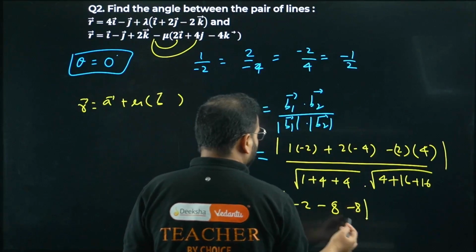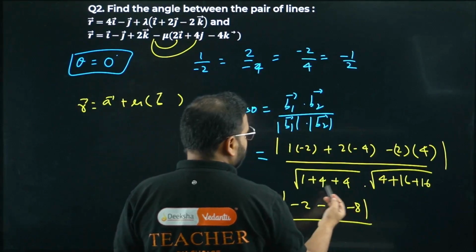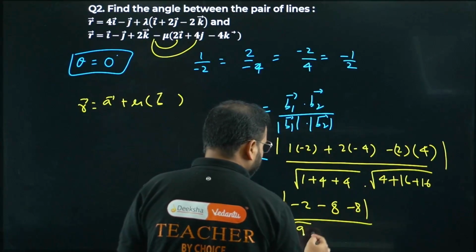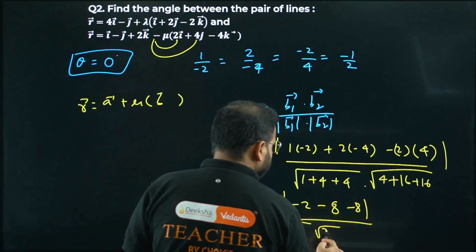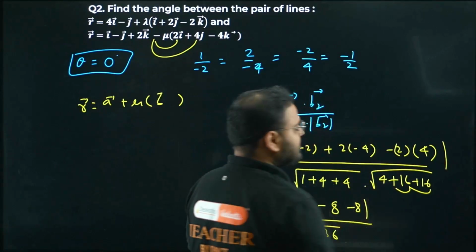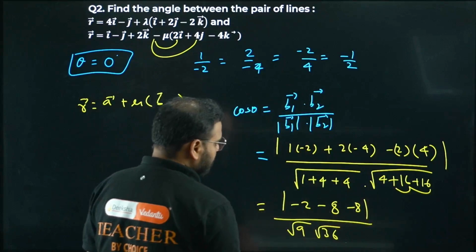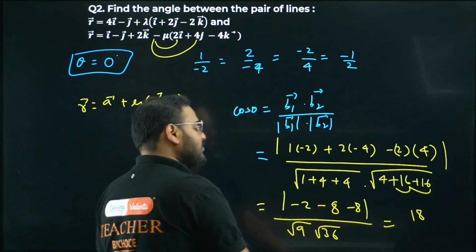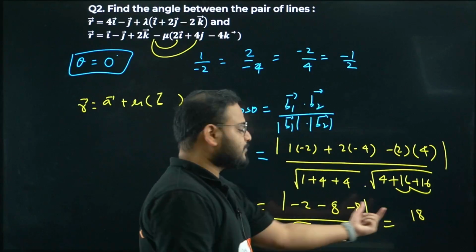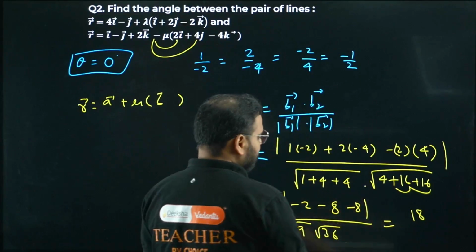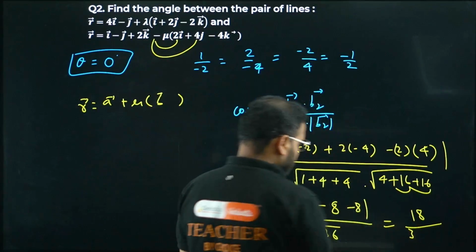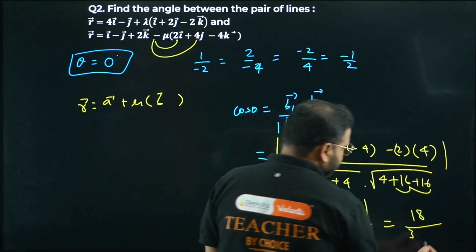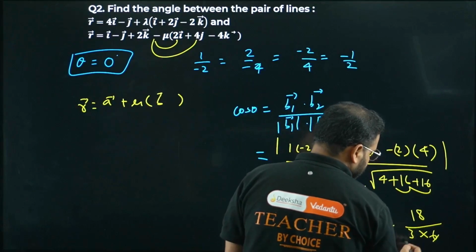Alright, they have a modulus in this. What am I going to get? Root of 9 and root of 36. Please check. 32 plus 4 is 36. So my result will be nothing but 18 in the numerator. 8 plus 8 is 16, plus 2 is 18. There's a negative sign, but modulus makes it positive.